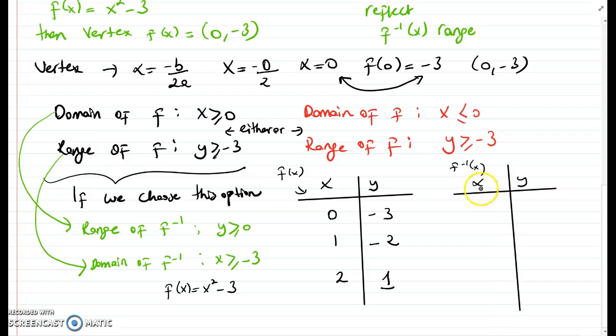So then when I look at my f inverse of x values and look at my range, the values I should be taking should be greater than or equal to -3. Then I need to be obtaining the values y greater than 0. Right?